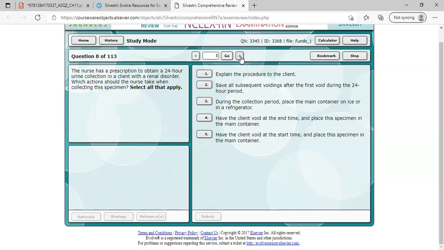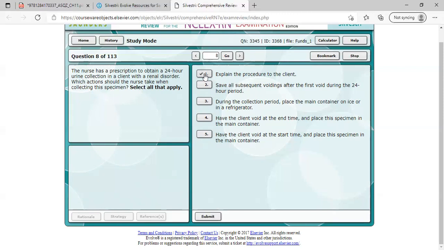Which action should the nurse take when collecting the specimen? Select all. So a patient needs a 24-hour urine collection. What are the procedures we should follow? Okay, number one, explain the procedure to the client. Definitely.